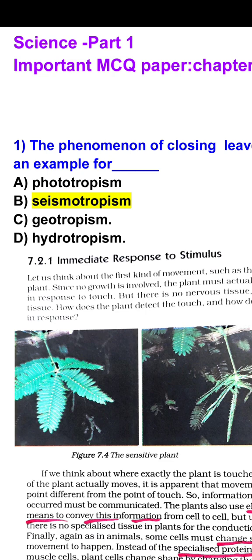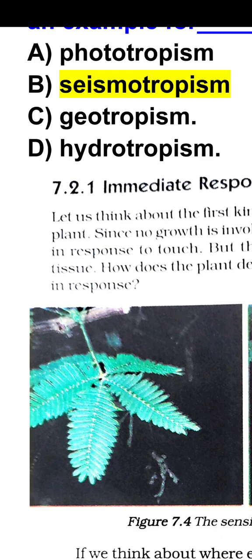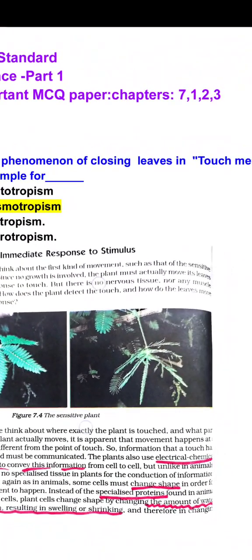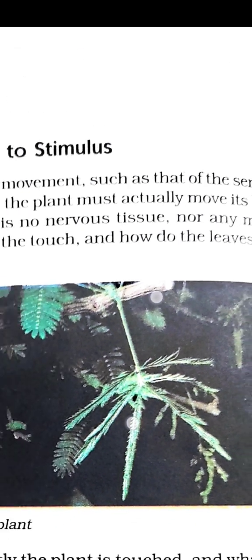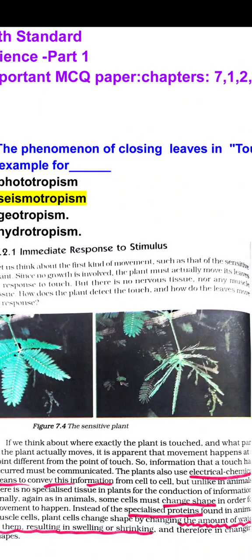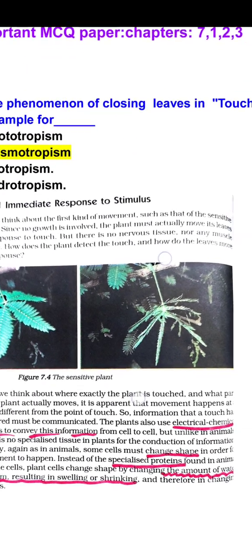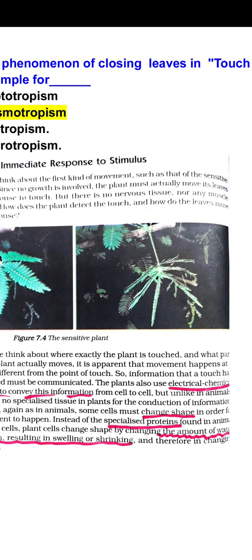Now let us discuss some of the other questions which can appear for this concept. You have seen the sensitive plant which will be normally appearing like this, but when we touch it, it will close the leaves like this. What is the actual mechanism of closing of the leaves? This can be the question.